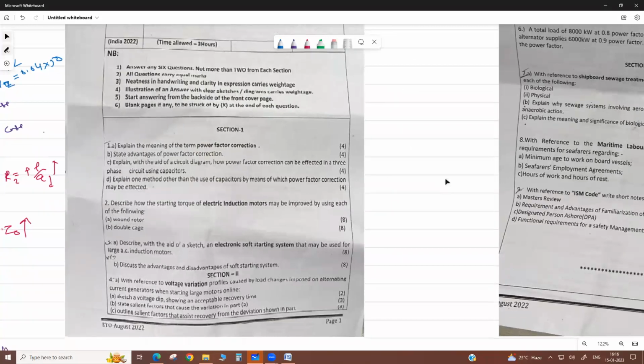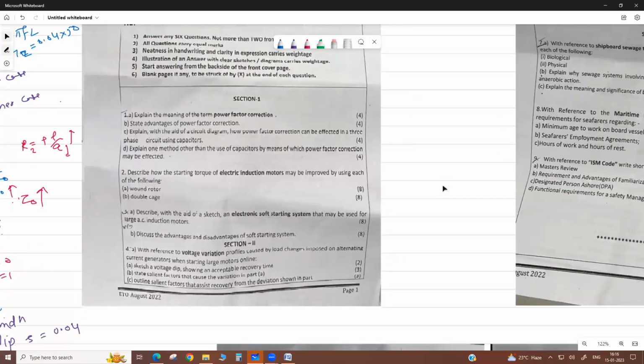In star delta, this starter, either DOL or star delta. When we compare the soft starter with conventional starter, what is the conventional? DOL or star delta? Correct, no? Yes, sir. So you know, they are only starters.